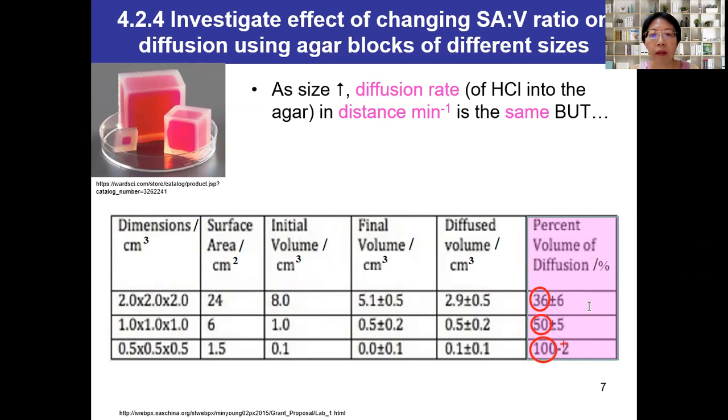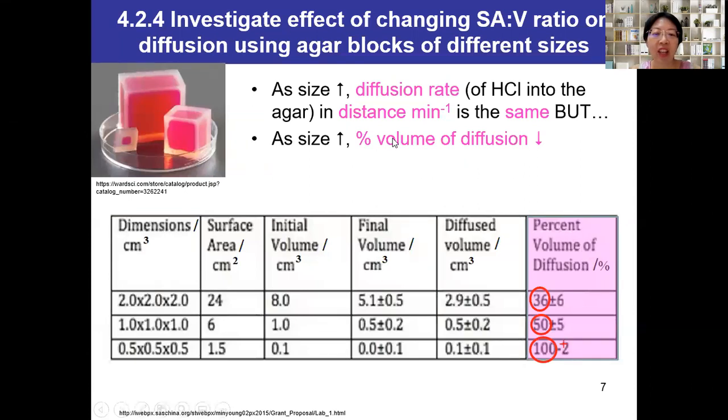So therefore, different sizes, even though the rate of diffusion is the same, the percentage of volume being diffused will be different. The higher the size, the percentage volume diffusion will actually drop. So there's an inefficiency for direct diffusion to obtain materials and to remove materials from the body of the organism.